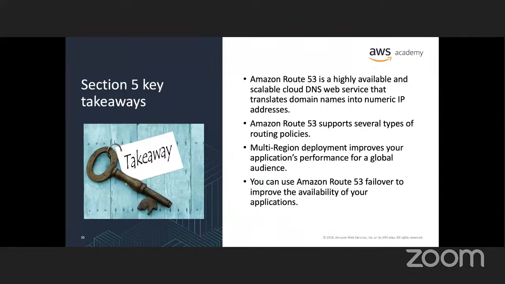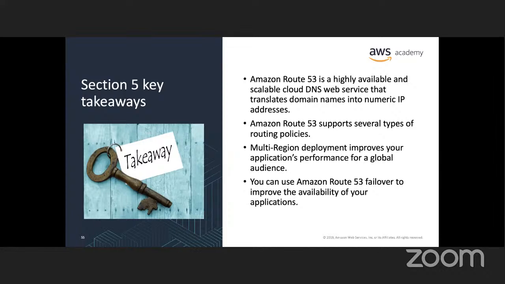Can someone mention to me what are the routing policies that we talked about? Can someone tell me one or two or three? DNS failover. Failover, good. Geoproximity, geolocation. What else? Blue, green testing. Sorry? That's failover.